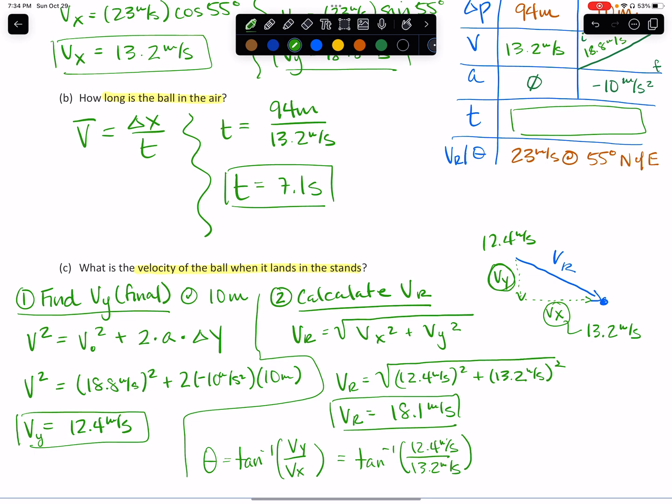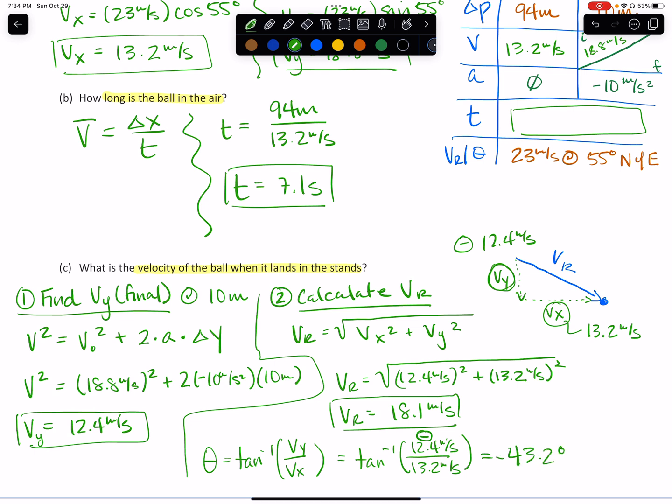Now, one thing I should mention here is this vertical velocity is downward, so that means it's going to be negative. It doesn't affect our use of Pythagorean's theorem because the negative gets squared and becomes a positive, but it is important in our theta calculation. So I need to put in a negative 12.4 divided by 13.2. And when I do that, I find that the angle is a negative 43.2 degrees.